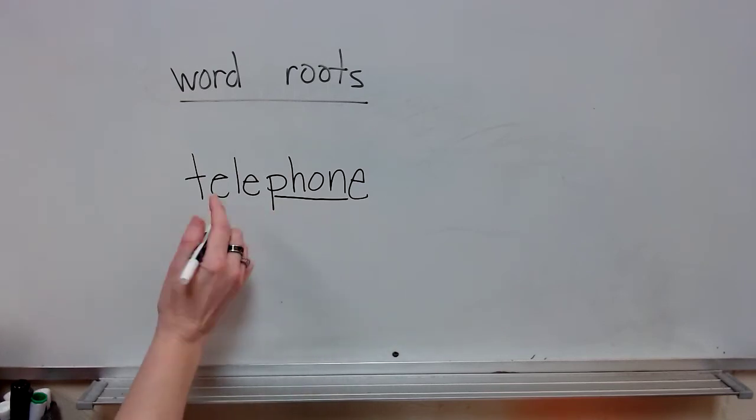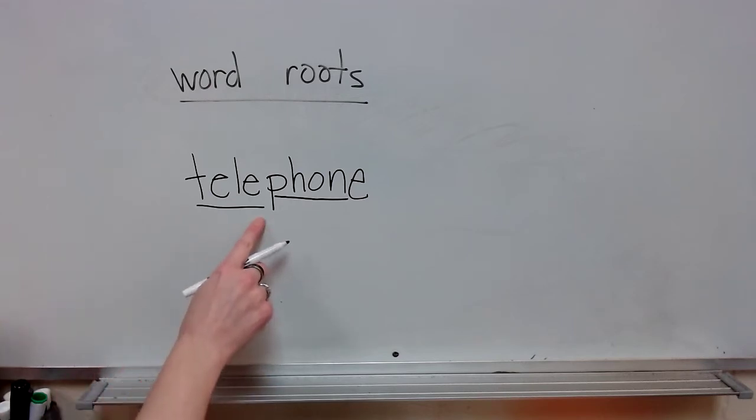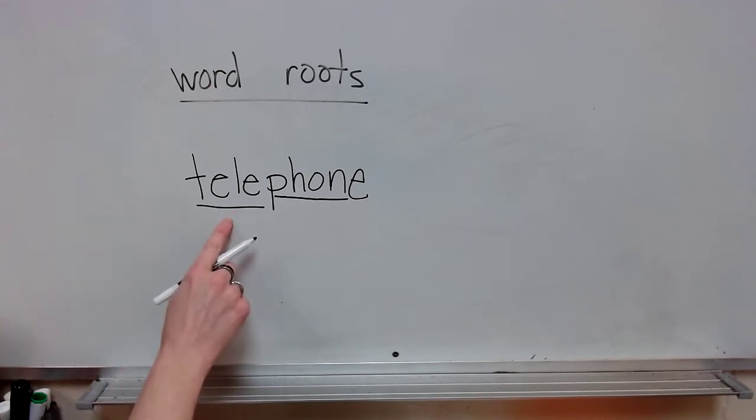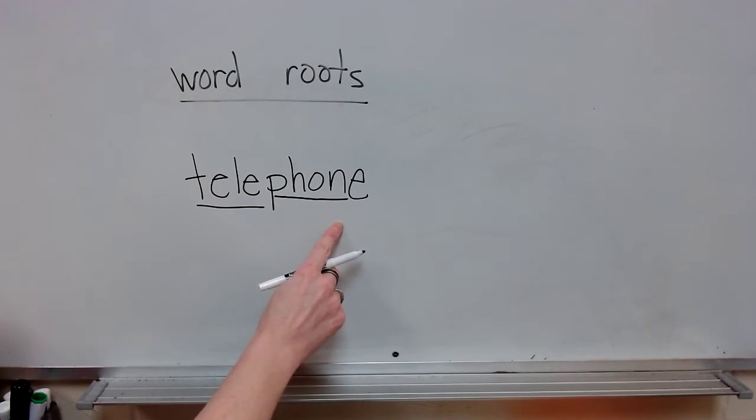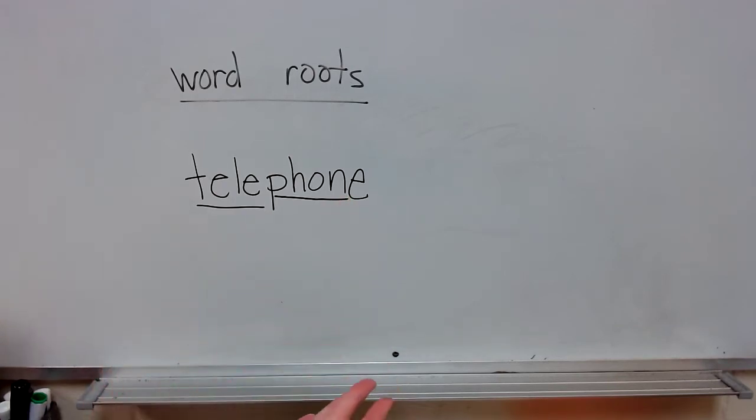And I can see the beginning of the word has the word root tele. And I remember that the word root tele means far away. So I think telephone must have something to do with sound that is far away. And it does. A telephone brings us sound from far away. Today you're going to be reading words that are made up of word roots.